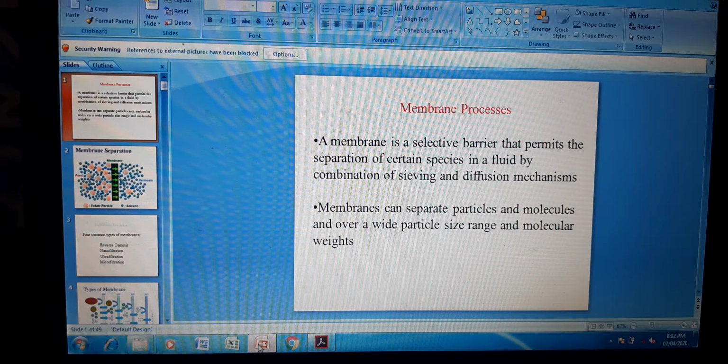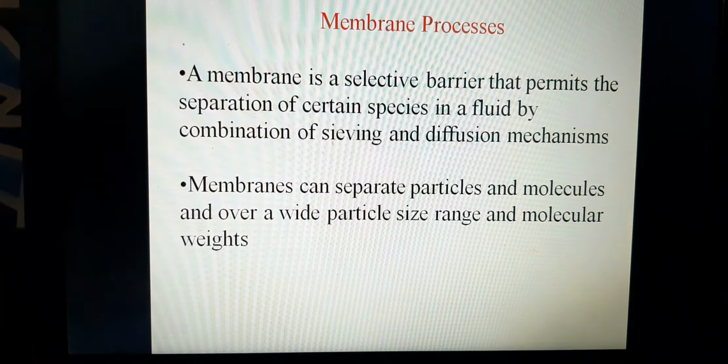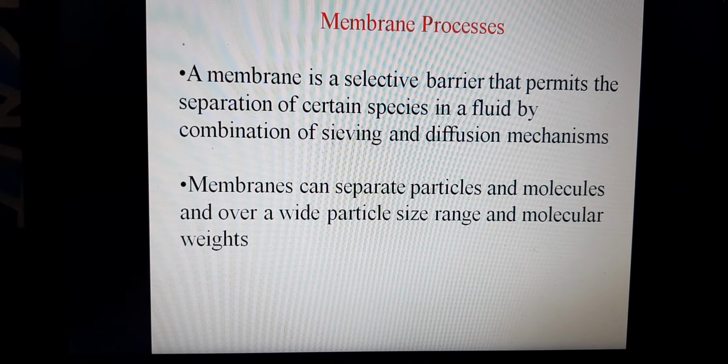In this tertiary treatment, the advanced technique is the membrane process. In the membrane process, as we know, the membranes are nothing but polymer based material used for the purification or the removal of the solid materials or the color materials from the wastewater.